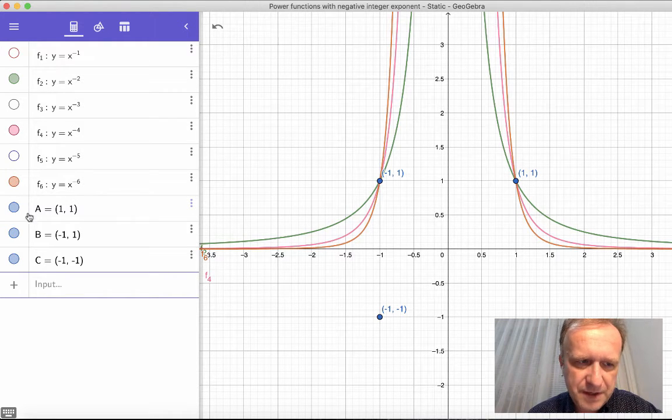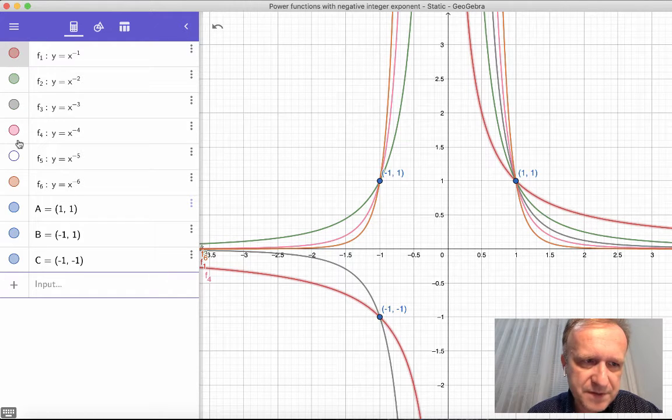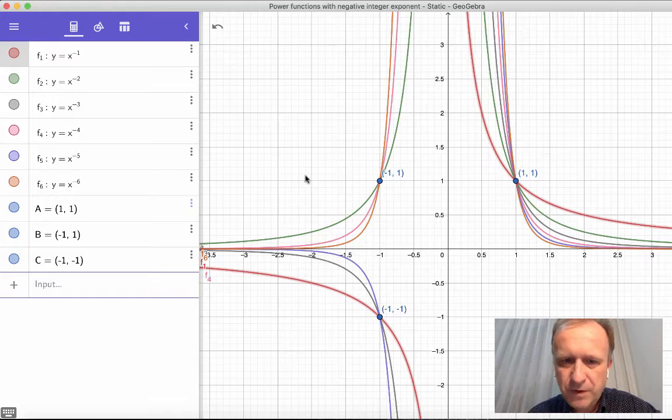Okay, and now the function f sub 6, x to the power of -6, it's very similar but even more steep here and even more flattened there. Okay, so here they are, all 6 of them. You see them all at once.